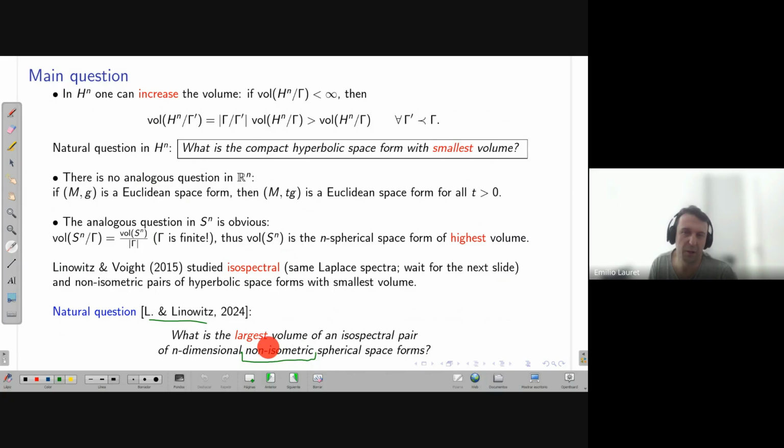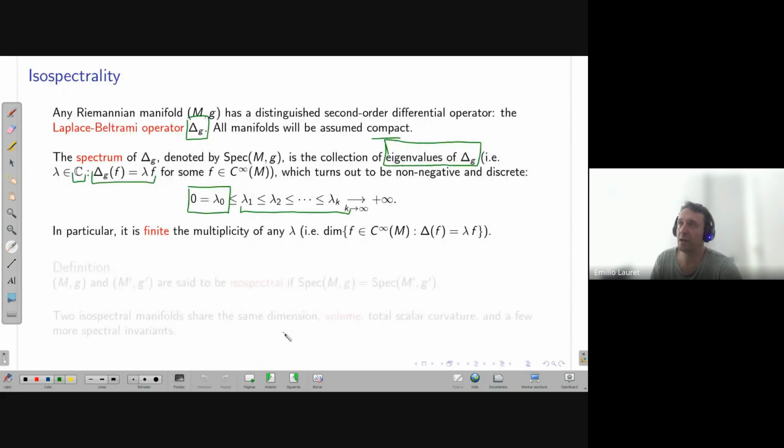I will omit saying non-isometric because it's redundant. And note that if you wish the volume to be as high as possible, you need the group gamma to be as small as possible. The number of elements in gamma should be as small as possible in order to have the volume as large as possible.